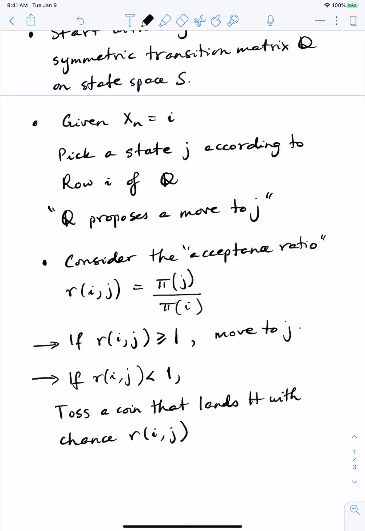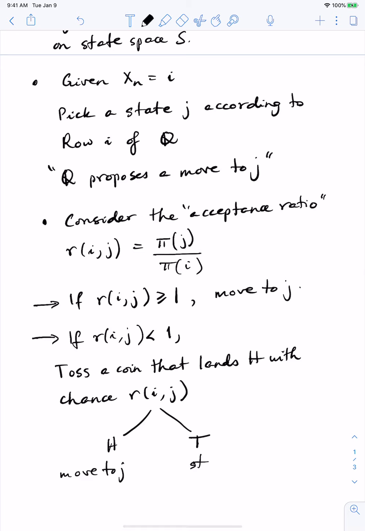Now this Rij is less than 1, so that is a chance. And now you look at this coin, either lands heads or tails. If it lands heads, you move to J. And if it lands tails, you stay at I.